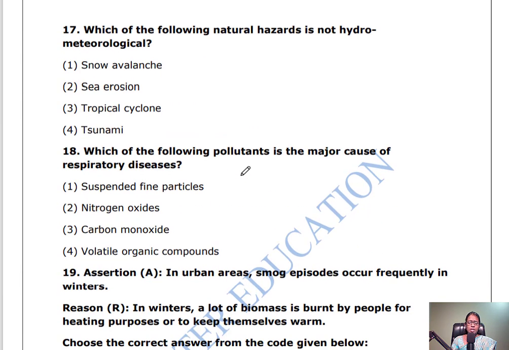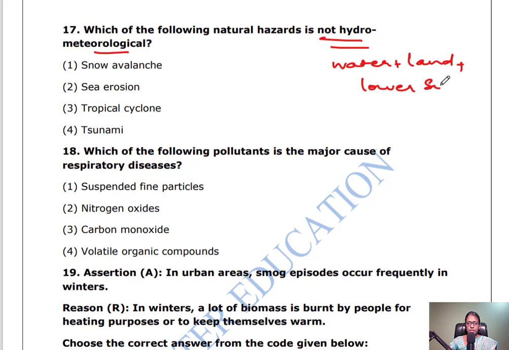The next question, which of the following natural hazards is not hydrometeorological? I already wrote that hydrometeorological means water plus land plus the lower surface of the atmosphere.